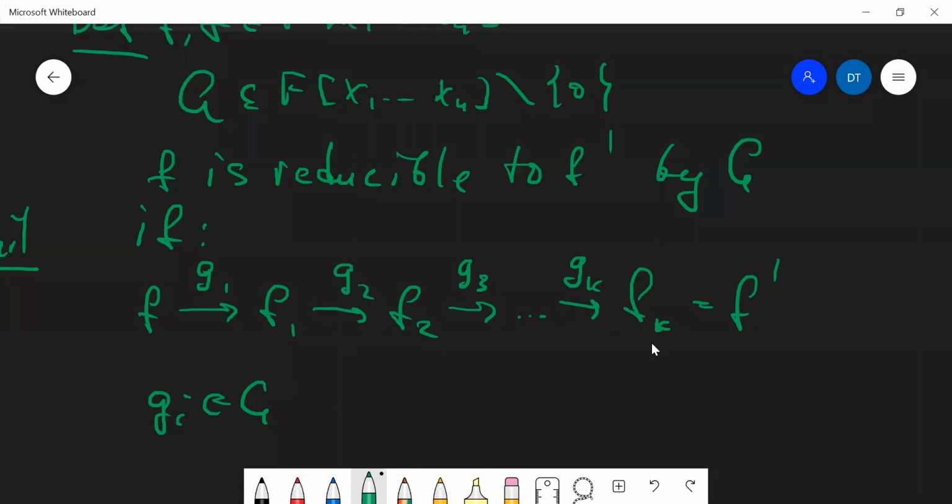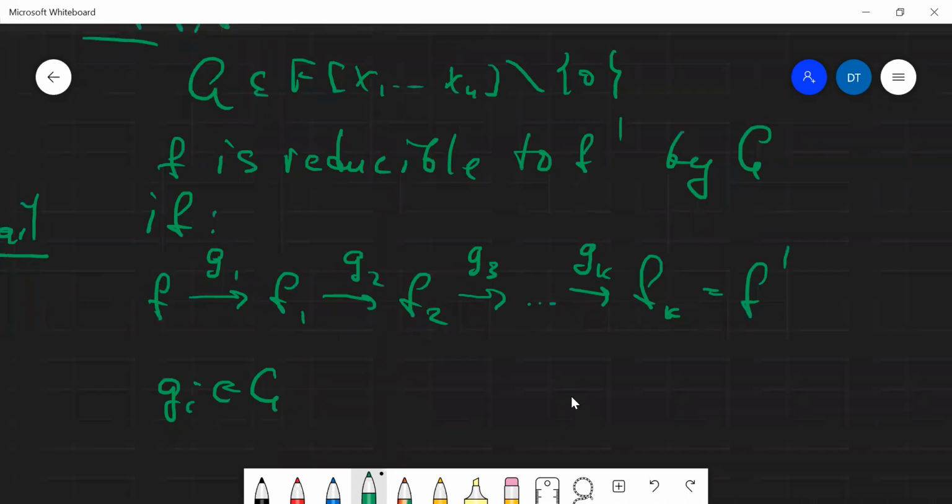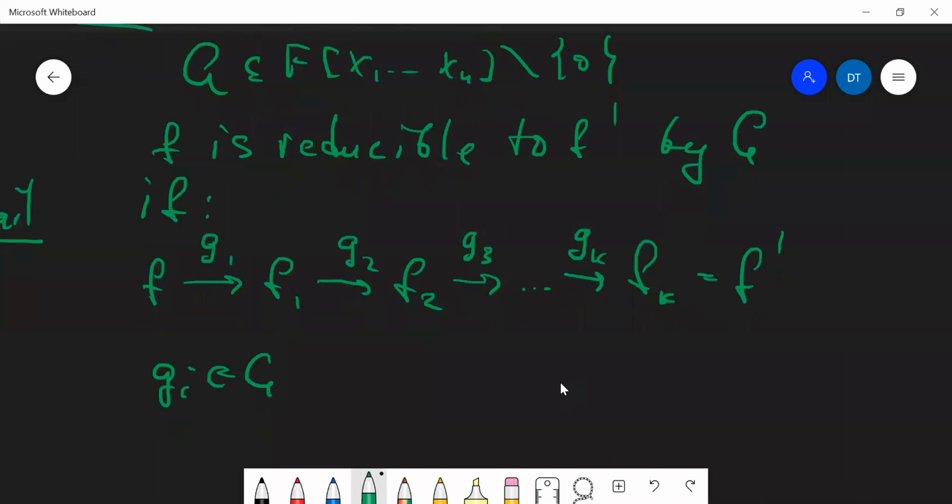And after k steps, I will get fk, which is exactly the same as f prime. So this means that f is reducible to f prime. And I will denote this by this symbol. So f is reducible to f prime by G.